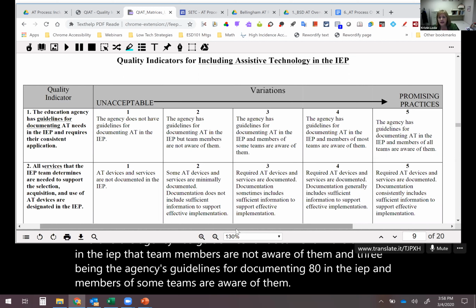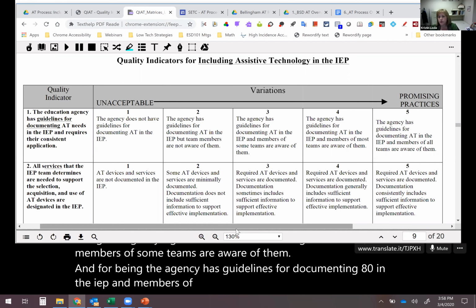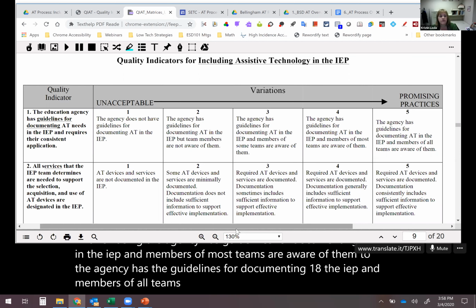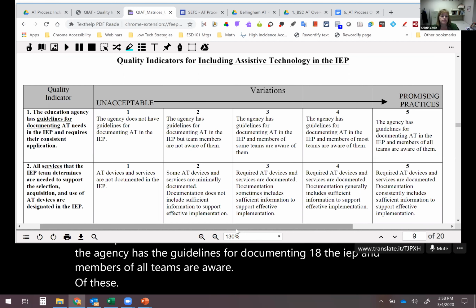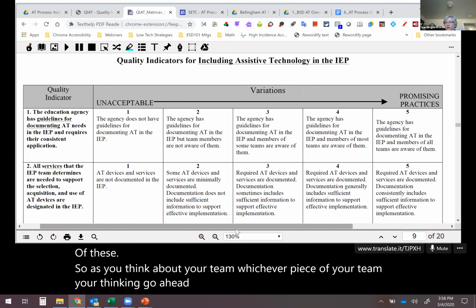And 4, the agency has guidelines and members of most teams are aware of them. And 5, the agency has the guidelines and members of all teams are aware of these. So as you think about your team, whichever piece of your team you're thinking of, go ahead and write that, and if you could put it in the chat, it looks like maybe some people have.